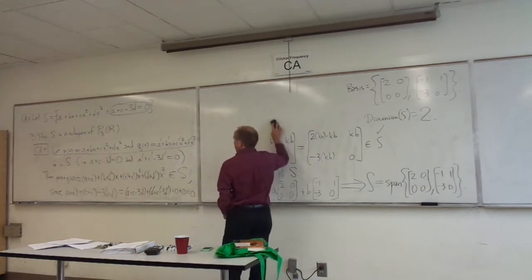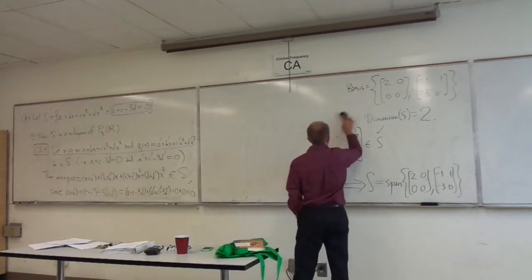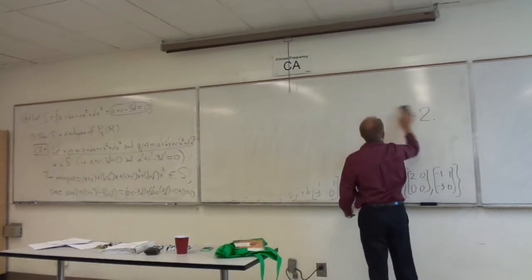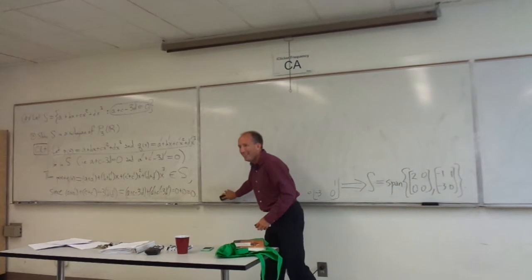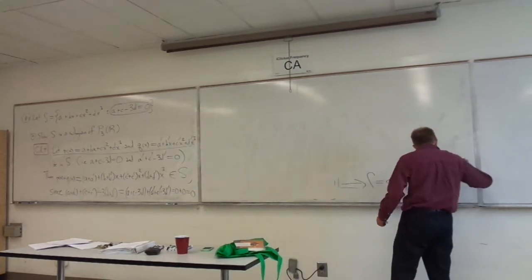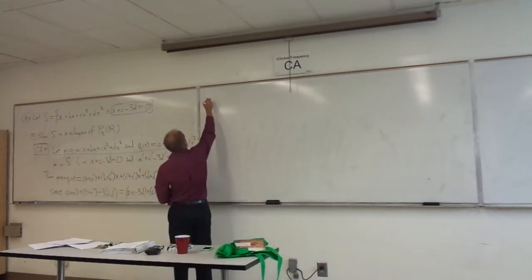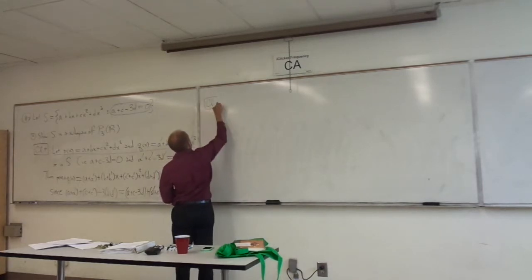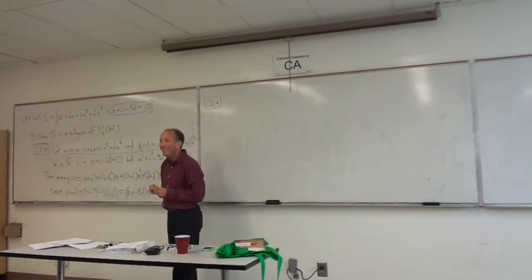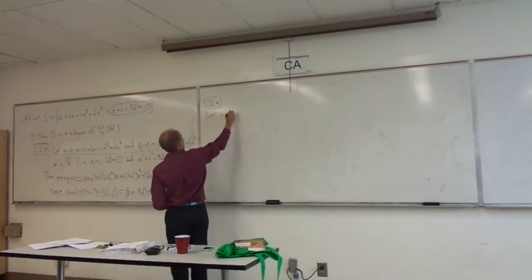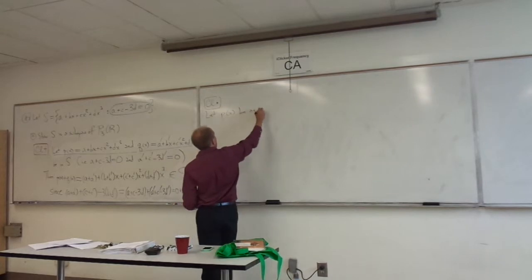So, okay, that's closure under addition. Now let's take a look at scalar multiplication, which is going to be a breeze at this point. So we'll do it real quickly here. For closure under scalar multiplication, how am I going to do that one? Let P of x be as above. And what else?